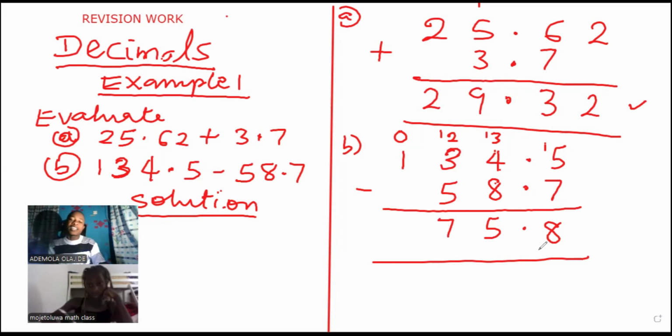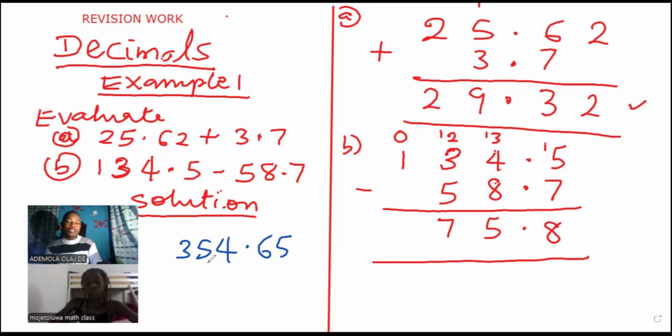Our answer will be 75.8. And when you are calling out decimal numbers, the whole number part, you call it out as a number. If it is something like 354.65, you will not say three five four.